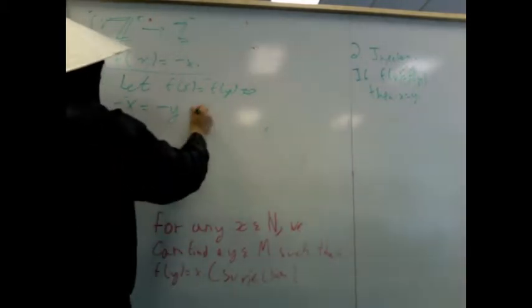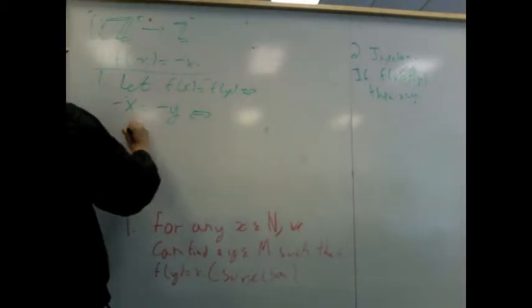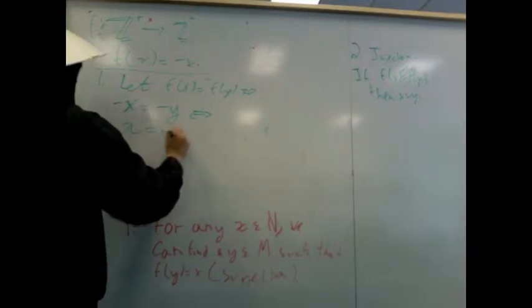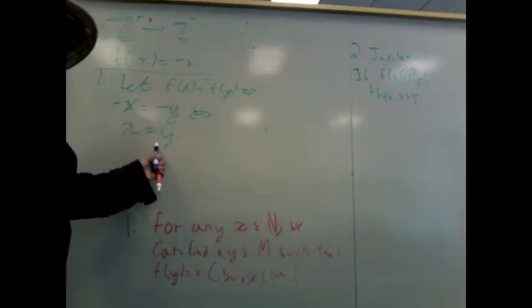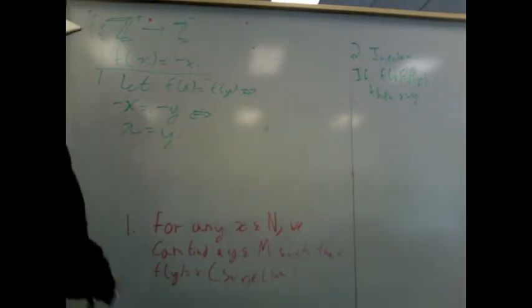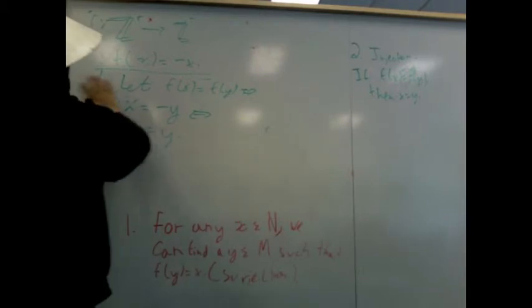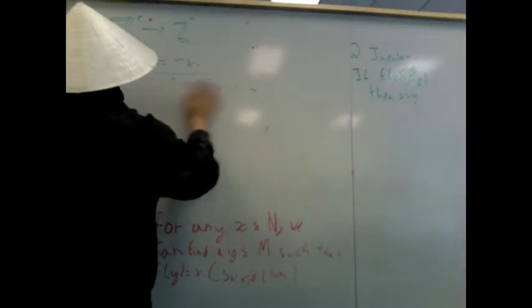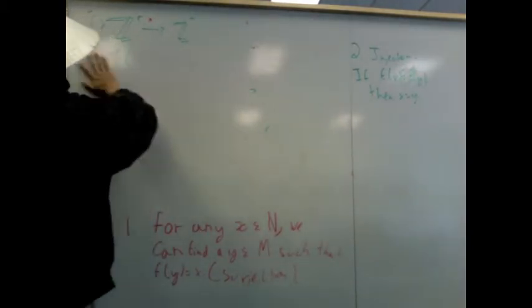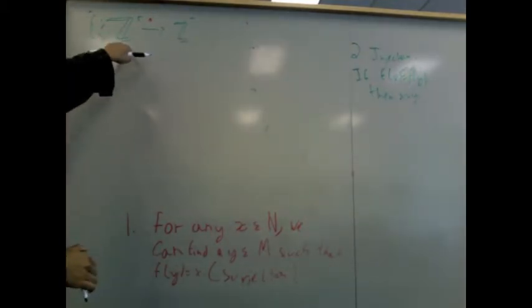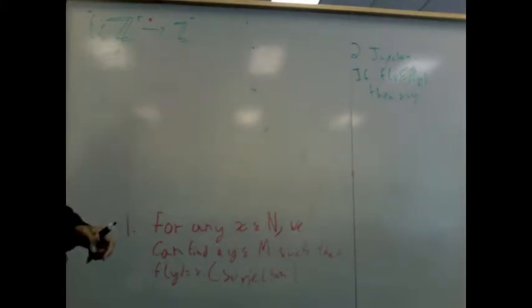But then multiply both sides by minus 1. It gives you x equals y. Good. Therefore, since f fulfills both properties, f is a bijection. This function, f(x) equals minus x, is a bijection from positive integers to negative integers. So that's this first example.